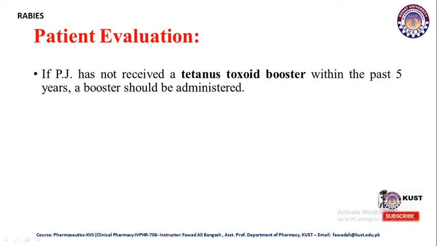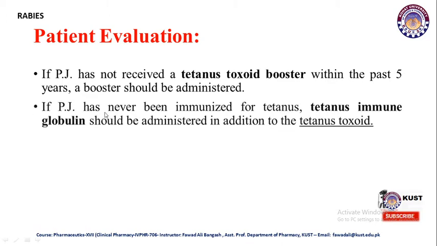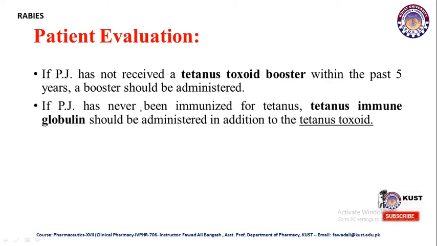Patient evaluation. If PJ has not received a tetanus toxoid booster within the past 5 years, a booster should be administered. If PJ has never been immunized for tetanus, tetanus immune globulin should be administered in addition to the tetanus toxoid.